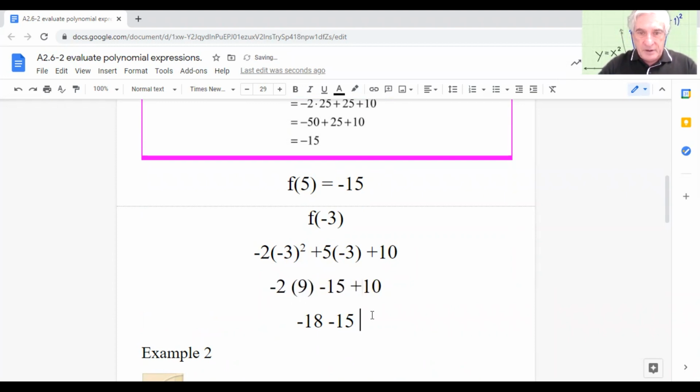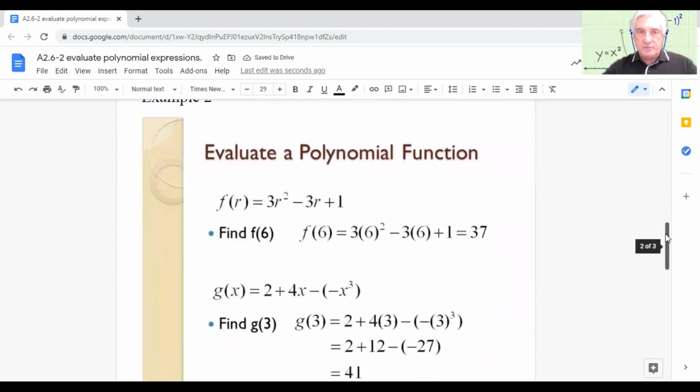Can't type. Plus sign goes down here, plus 10 down here, and that is equal to minus 23. Is that right? Check my math. There we go. Thank you. You're right. We'll continue.